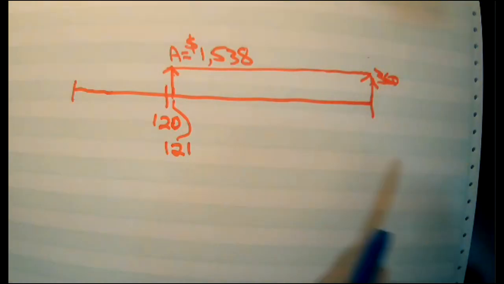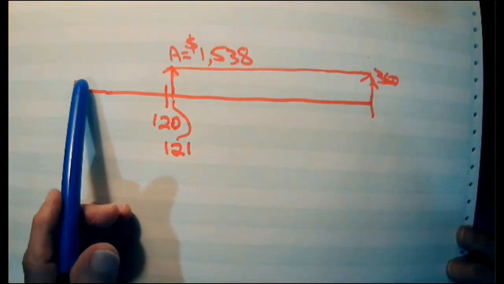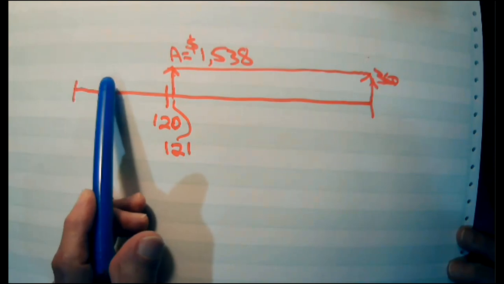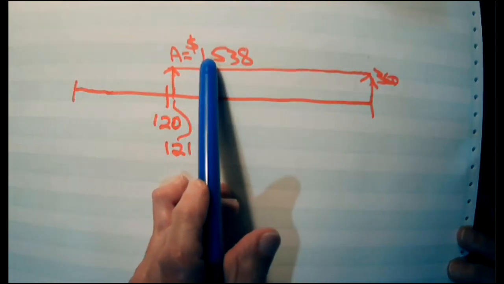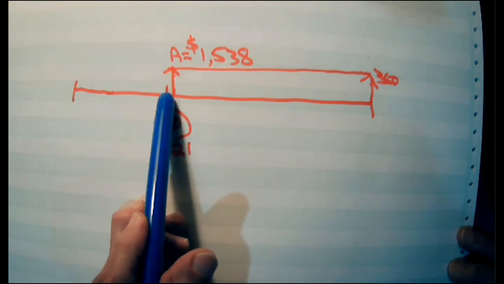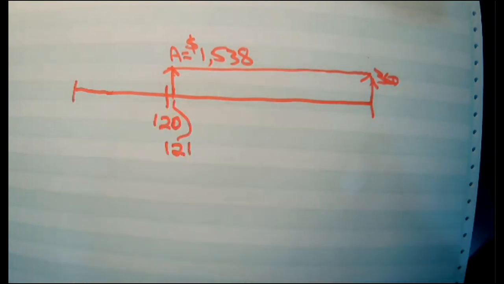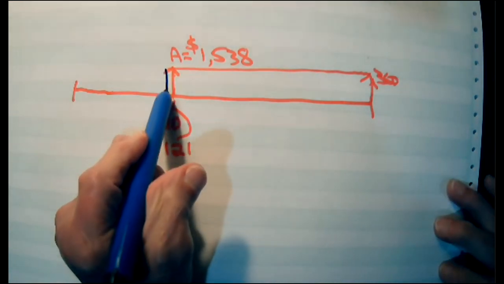Well, let's look at it by hand first, because I think that's very descriptive of this problem. We're chugging along and we've been making these payments, ka-chunk, ka-chunk, ka-chunk, the $1,538 payments all along here. We've made 120 payments. All of this is in the past.